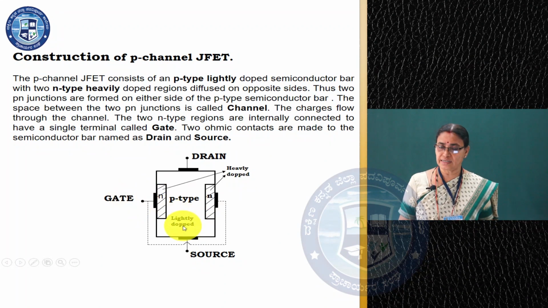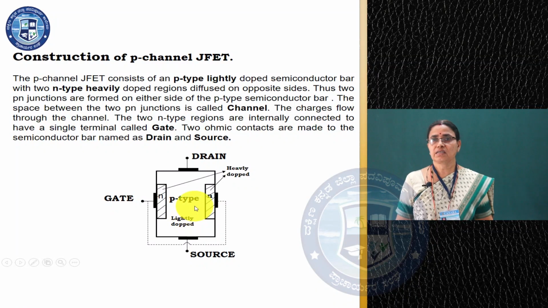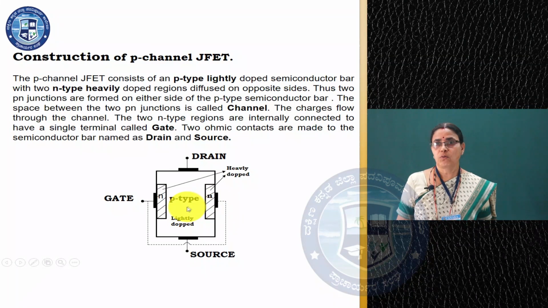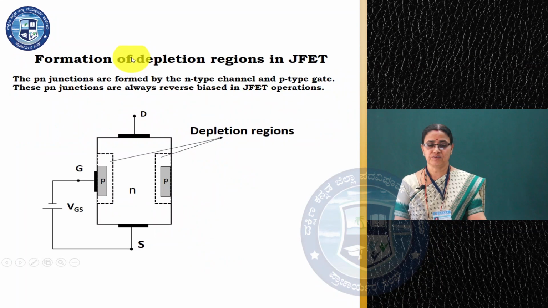The other ohmic contacts we can take as source and drain. So the path of majority charge carriers here is holes. So here it is the P channel FET. This is the construction of P channel JFET.